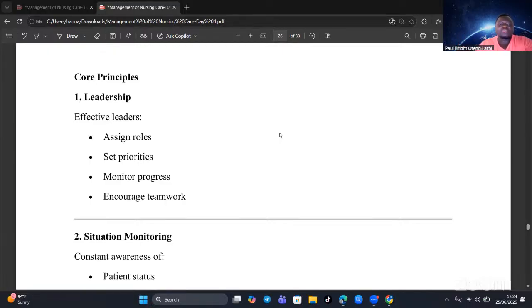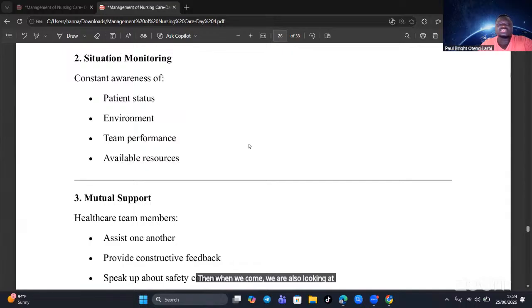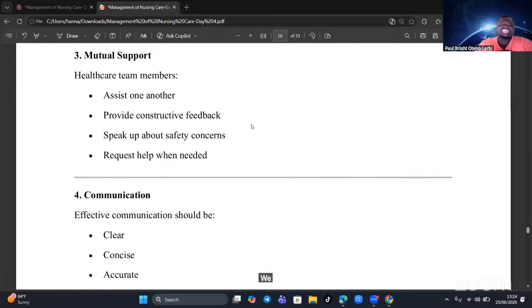Then we are also looking at the situation: the patient status, the environment, is it safe for the patient, the team performance and available resources. Then mutual support. Healthcare team members assist each other, provide constructive feedback or criticisms, speak about safety concerns, and request help when we need it.